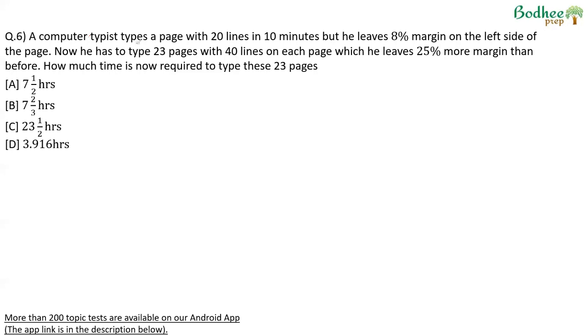A computer typist types a page with 20 lines in 10 minutes but leaves 8% margin. So actually there are 20 lines, but he's leaving 8% margin, and therefore the actual number of lines that he is filling is reduced by 8%. Reducing 100% by 8%, we get 92%.